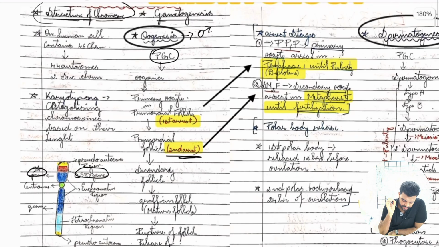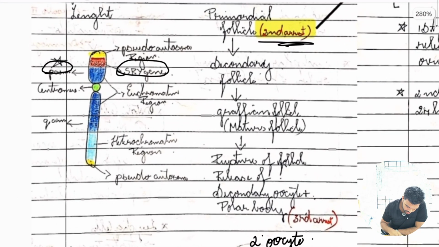The structure of chromosome is very important to know because it has two arms, the P arm and the Q arm. In the P arm there is something known as the SRY gene. The SRY gene is the gene that decides which gonad the baby is going to have.